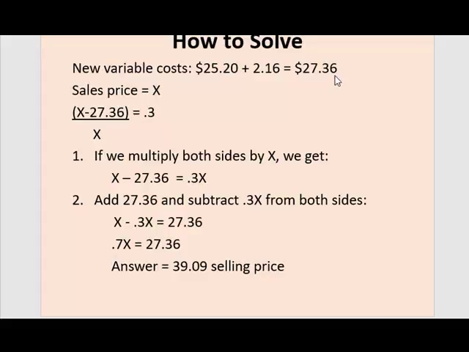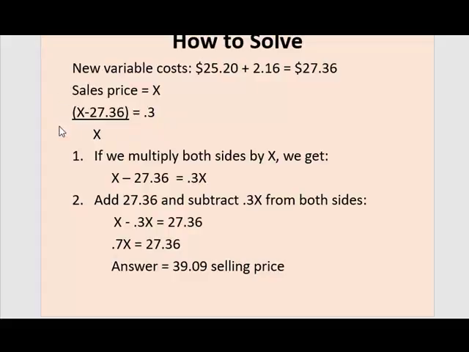So you'll need to take your new variable expense figure after the increase, and let's set the sales price. This is what we're trying to determine, what the sales price needs to be. Let's say that's our X. And remember, the way we calculate CM ratio is we take the sales price, subtract the variable expenses, that represents our unit CM, and unit CM divided by sales price. In our problem, with the original data, that's set to 30%.